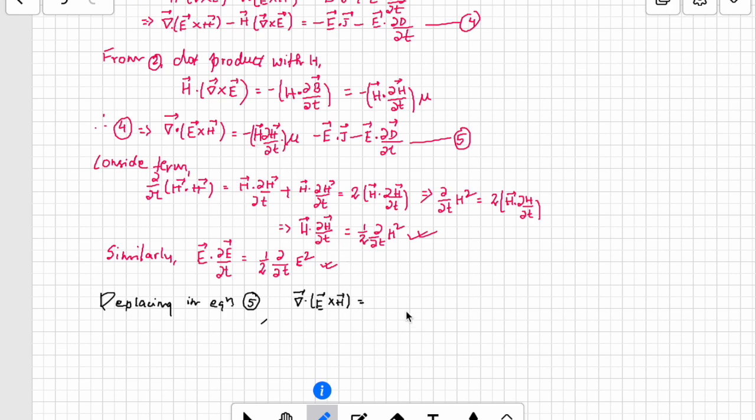In place of del H del t you are going to write minus, mu is there already, so mu by 2, because there is a half here, and del H del t is half of del H square del t. So that's the first term.